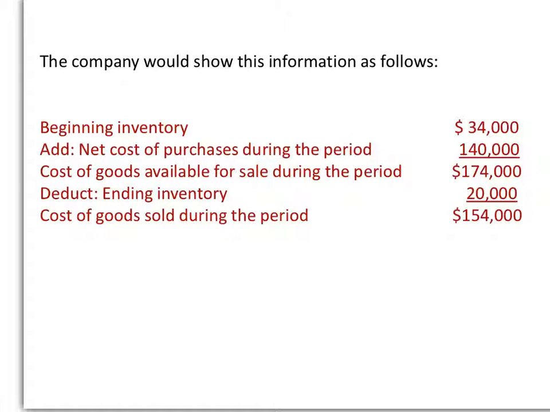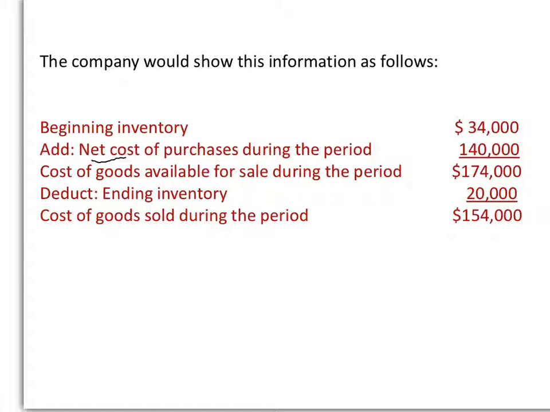So on an income statement, the company would show that information in the following fashion. First of all, the beginning inventory. That is the inventory at the beginning of the accounting period, which was the ending inventory of the last accounting period. To that, they add the net cost, and we'll talk about net cost later, of purchases during the period.